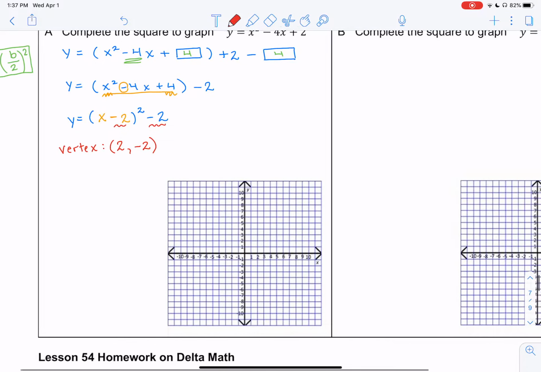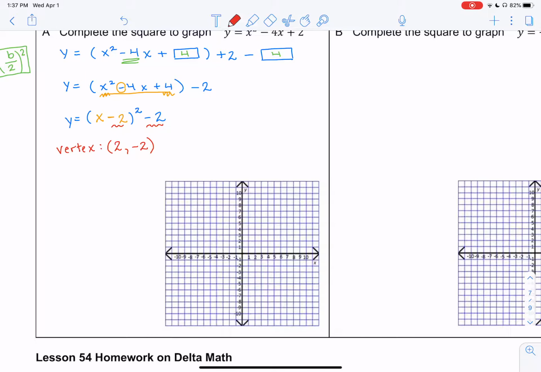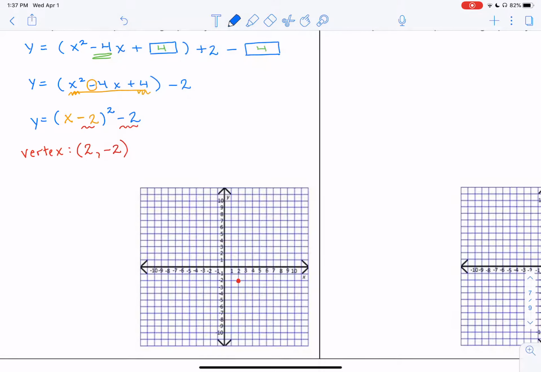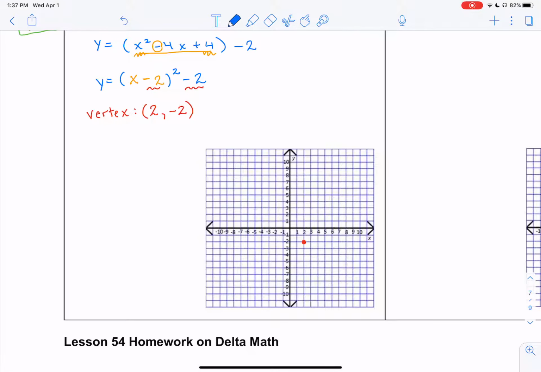And I'm going to go ahead and graph just that part, positive 2 to the right, down 2, and I'm going to put a dot. Now I'm going to make an XY table based off of the information that I know there. That's how I know what numbers to put in my XY table. Okay, so the vertex is going to go in the middle.